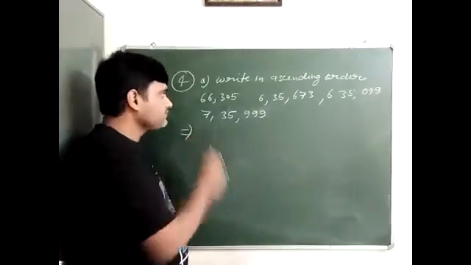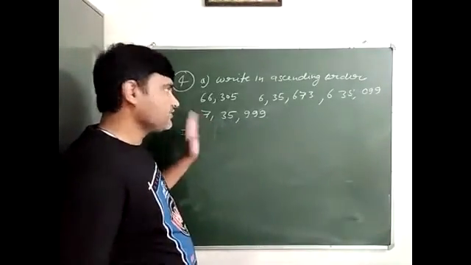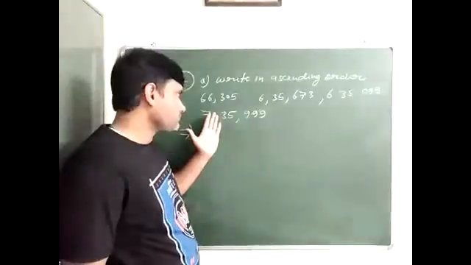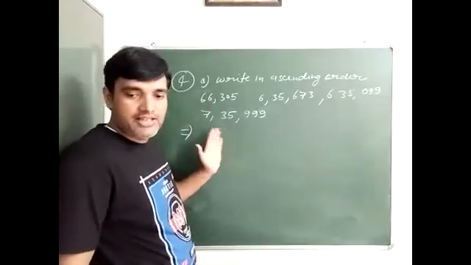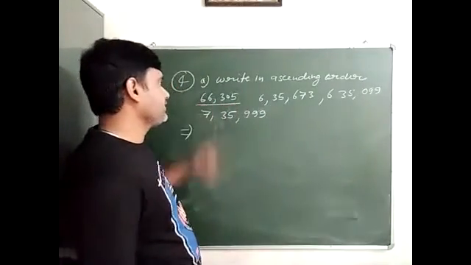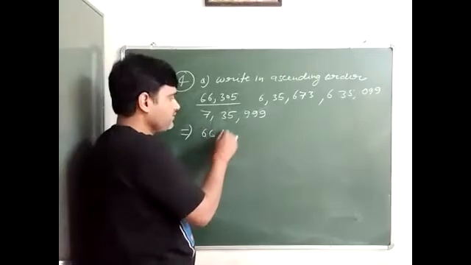Now ascending order. In ascending order, first we write the smallest number and in last the biggest number. Here you see the smallest number 66,305.